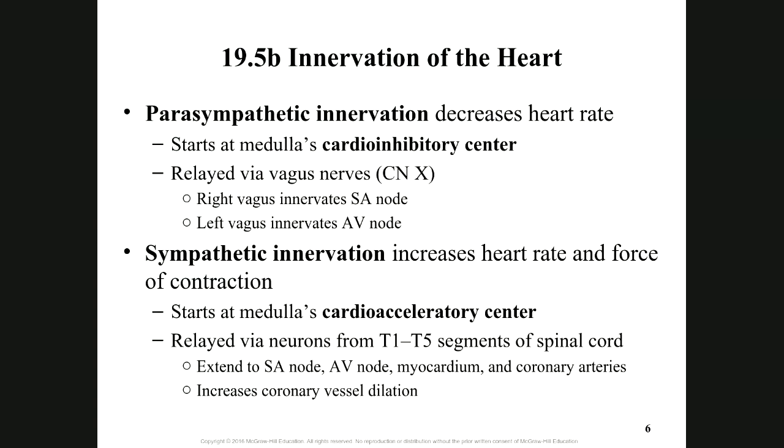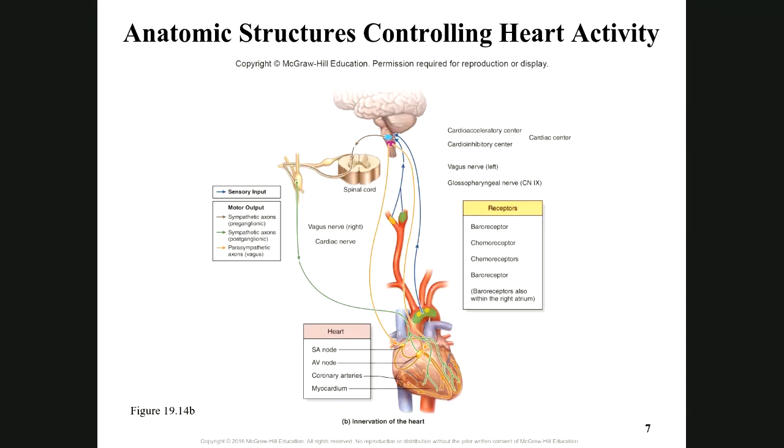These receptors are located, as you see here, in the aortic arch, and the other receptor is located in the bifurcation of one important artery in our body, which we call the common carotid artery. I will talk about this artery in the blood vessels part. But the location of these baroreceptors and chemoreceptors is in the aortic arch and in the bifurcation of the common carotid arteries.